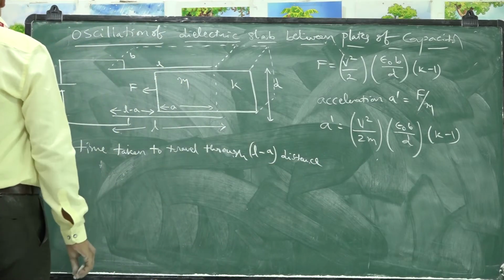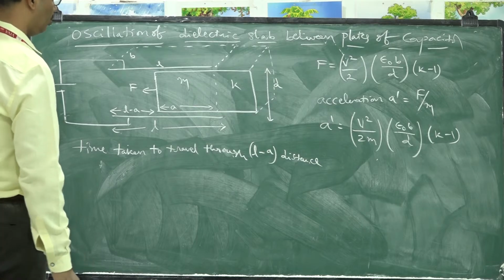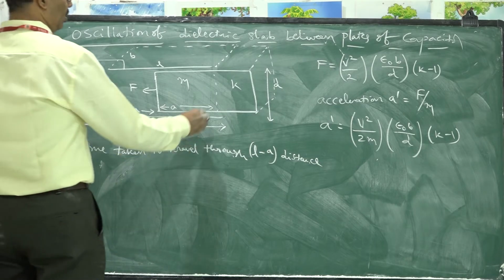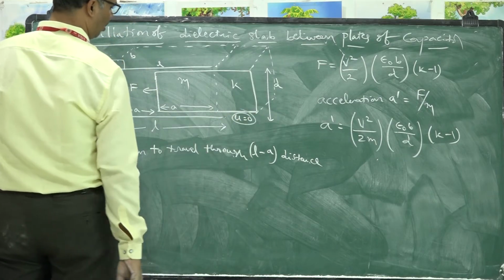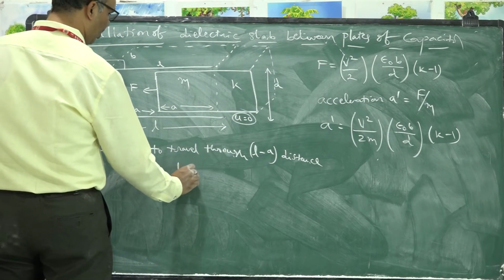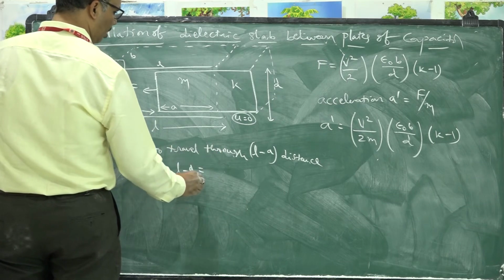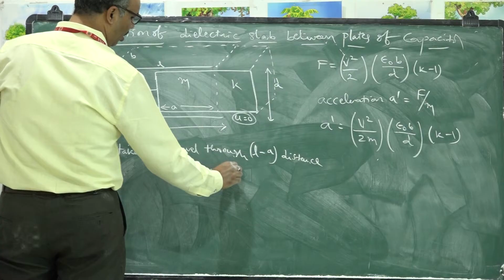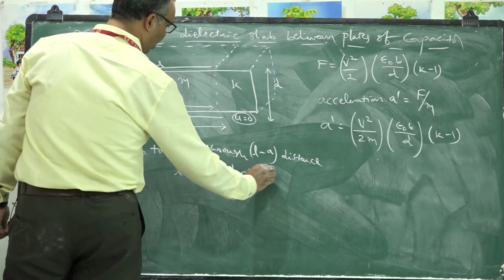So time can be calculated according to the formula S is equal to ut plus half at square. As initially it is at rest, the initial speed of the dielectric slab is 0. So the distance to be travelled, L minus a, is equal to ut plus half at square. ut is 0, so half into acceleration a dash into t square.